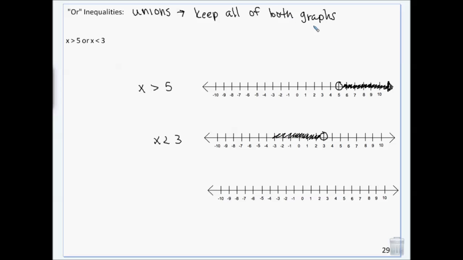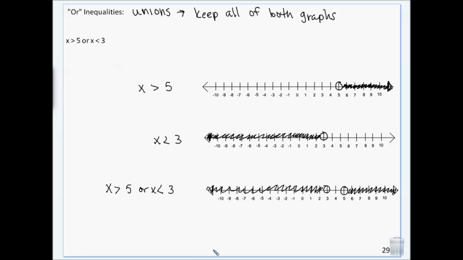Actually, let's make that negative 3. Okay, never mind, we'll keep it. I was just going to say it had more space, but that's fine. And if I have an or, I'm keeping both of all graphs. So I'm keeping the part that's greater than 5, and I'm keeping the part that's less than 3.